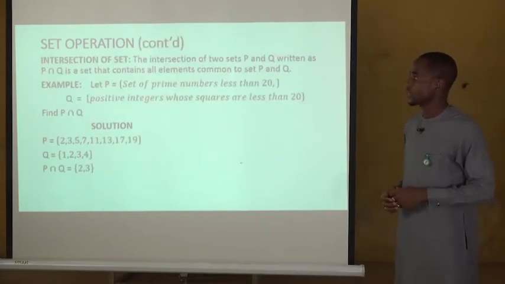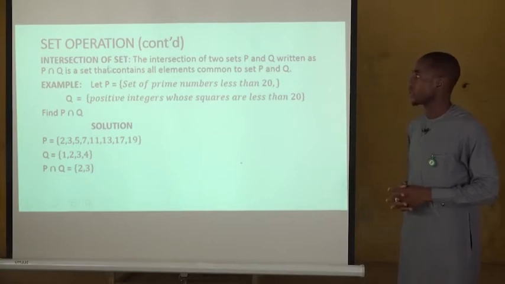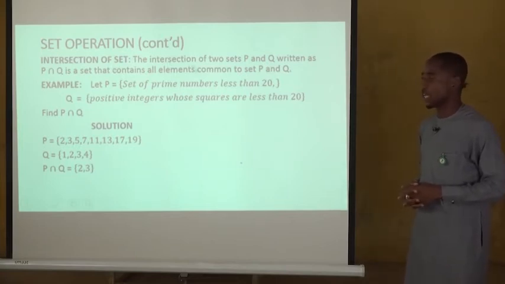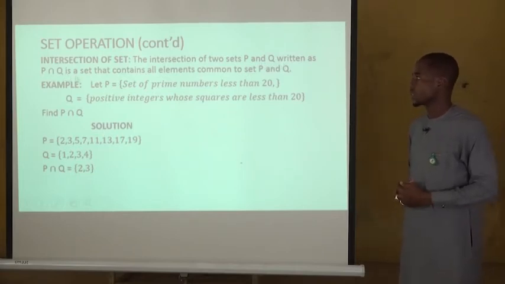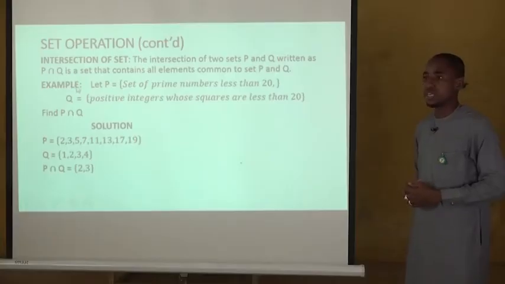Next is our intersection of sets. The intersection of two sets, P and Q, written as P intersection Q, is a set that contains all elements common to sets P and Q. Example, let P be a set of prime numbers less than 20. Q is a set of positive integers whose squares are less than 20.